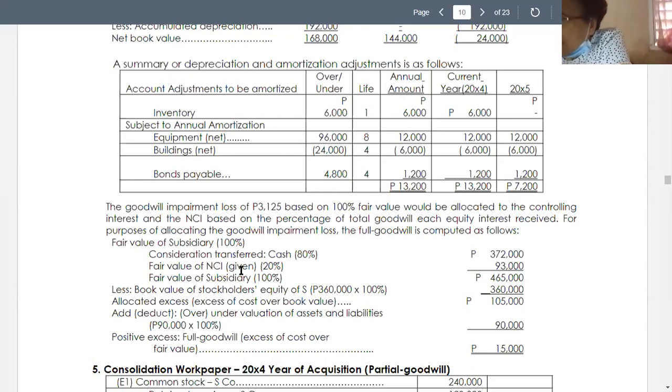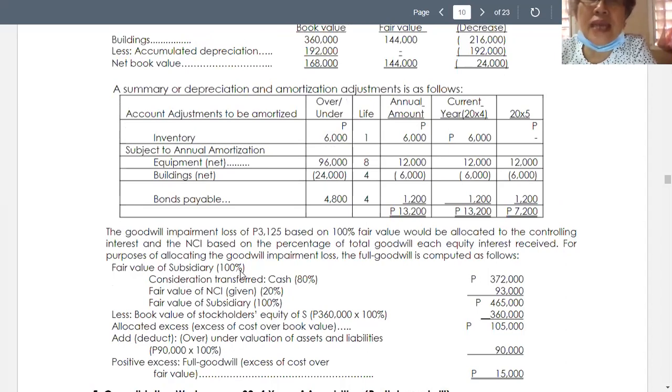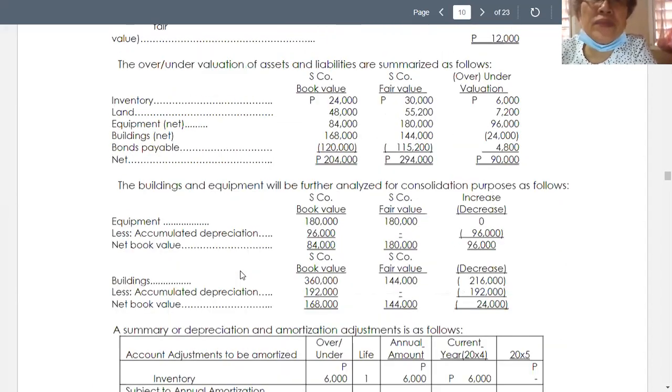372,000, and the credit to the investment account in the entry is 288,000, meaning we have to credit the investment account further by the amount of 84,000. That's the difference between 372,000 and 288,000 in our entries above.